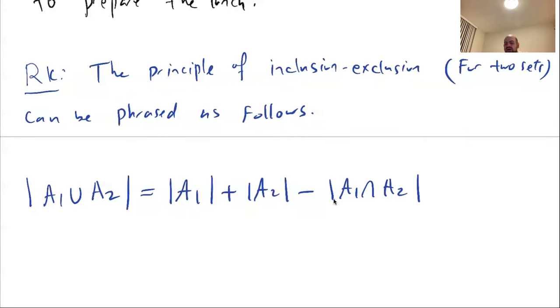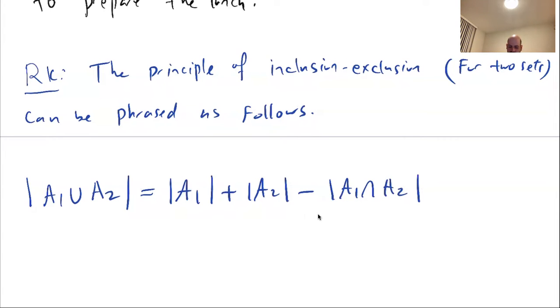Therefore, we subtract the number of common elements, because up to this point we have counted them twice. But when we subtract it once, then overall we are counting the common elements only once. And other elements, we are counting them only once. And that's exactly what we want to do.